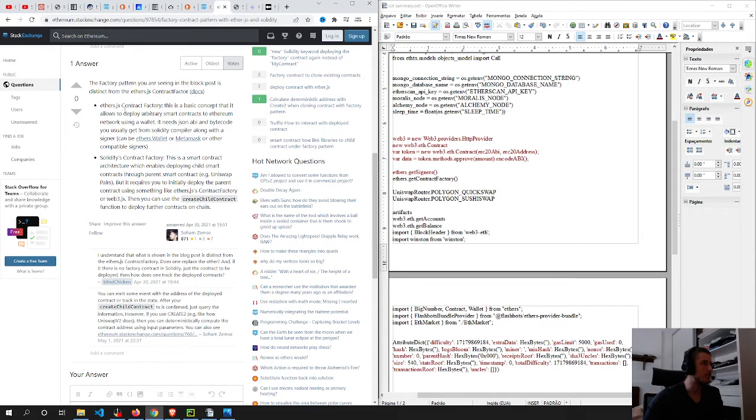And then Ethers.js allows you to deploy arbitrary smart contracts to the Ethereum network using our wallet. It needs JSON ABI and bytecode, usually gotten from the Solidity compiler, along with a signer.